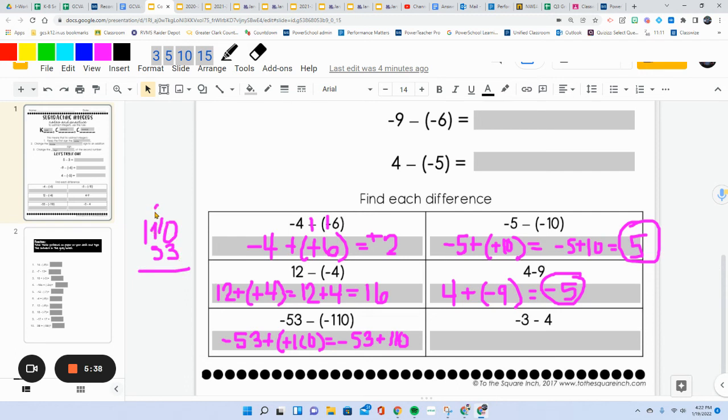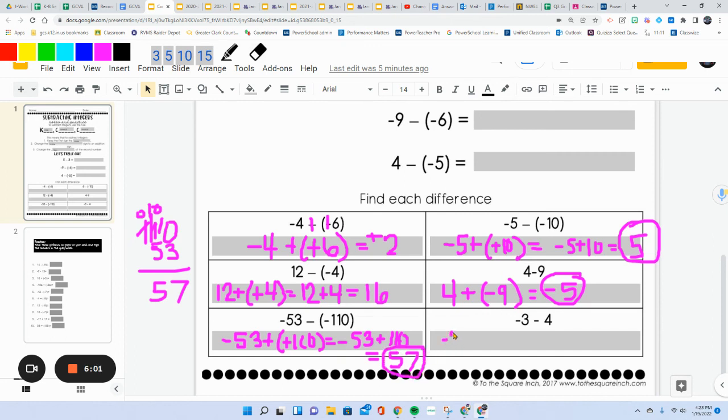Okay, I have to borrow. 10 minus 3 is 7. 10 minus 5 is 5. So I get 57. Which one is further from 0? The positive 110 or the negative 53. The 110 is further, so the answer is a positive 57.